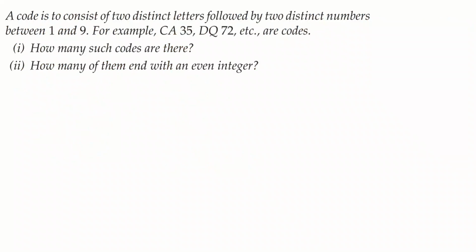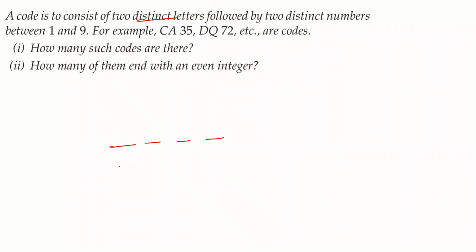A code is to consist of two distinct letters followed by two distinct numbers. Remember this word, distinct. So you cannot repeat the letters. So our code has to have 4 characters in it. The first 2 will be letters from the English alphabet, and remember you cannot repeat them. So how many choices are there for the first place?